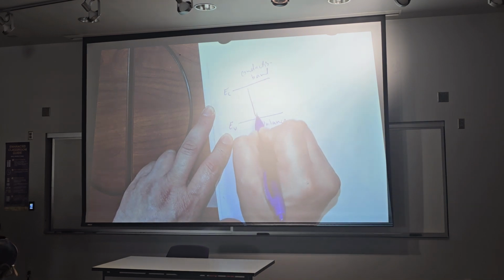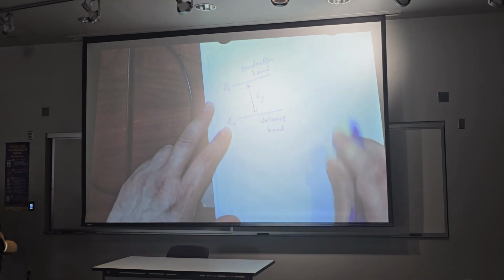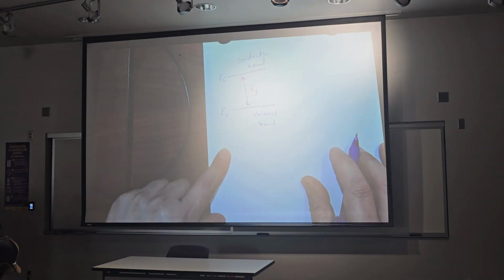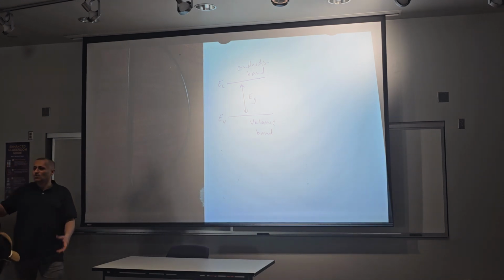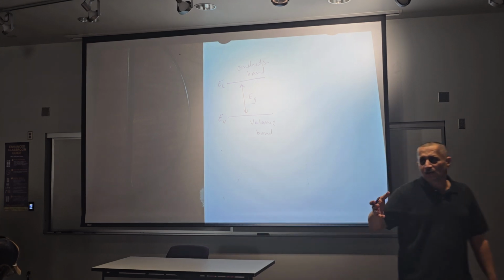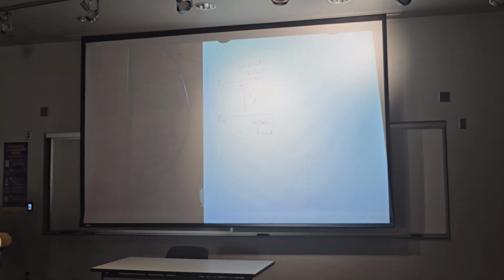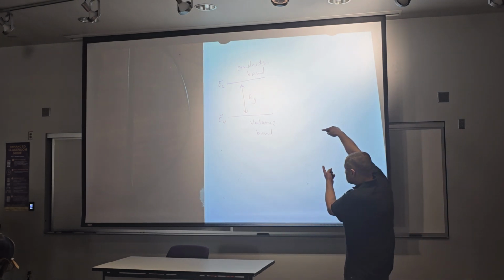And there is an energy band gap, EG, between EC and EV, approximately equal to 1.1 eV, electron volts.